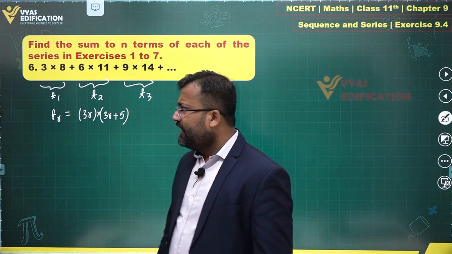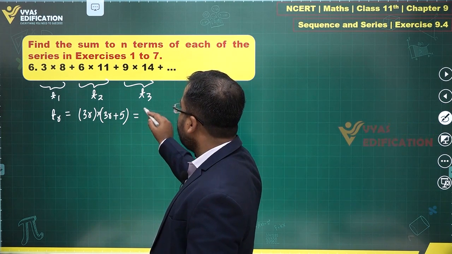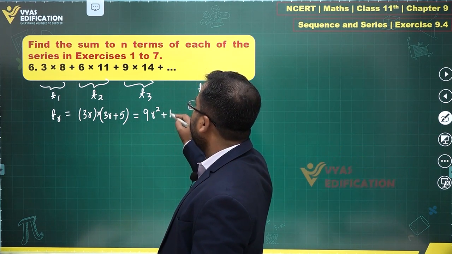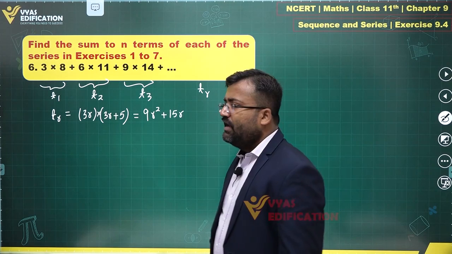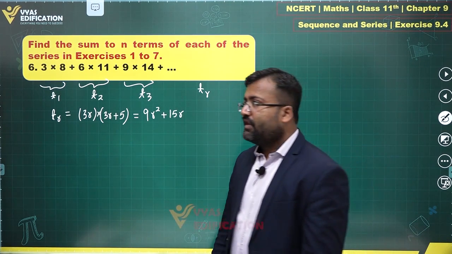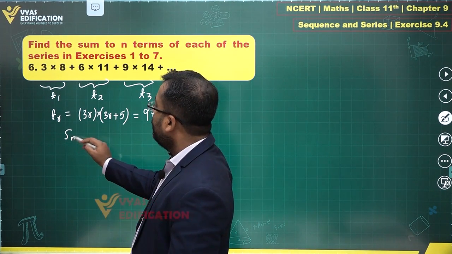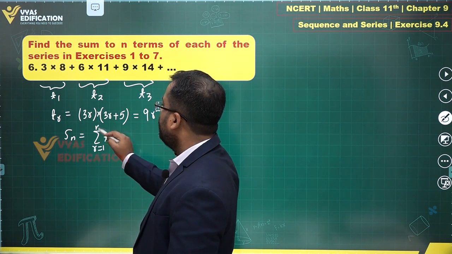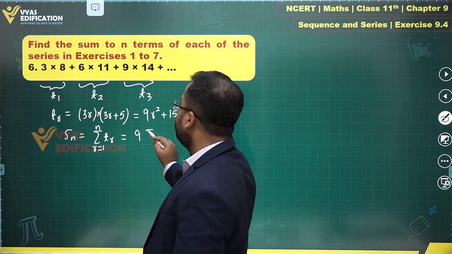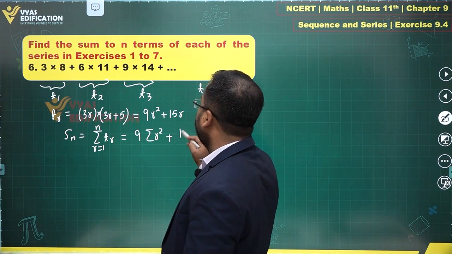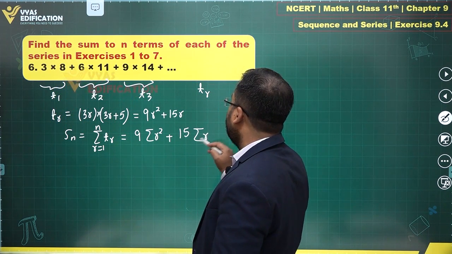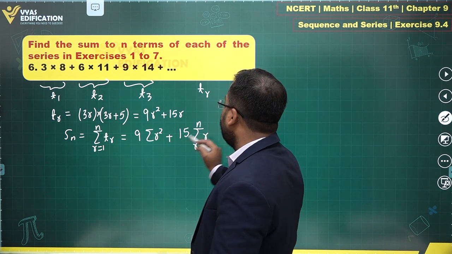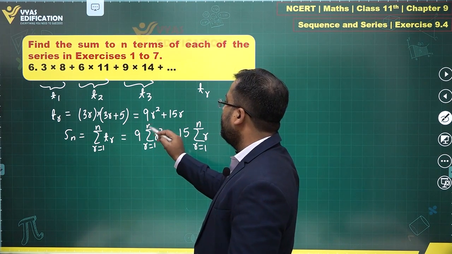This is actually 9R square plus 15R. I can solve it directly. Yes. Sn will be sigma TR from R equal to 1 to n, which is 9 times sigma R square plus 15 times sigma R, R equals 1 to n. This is what you have.